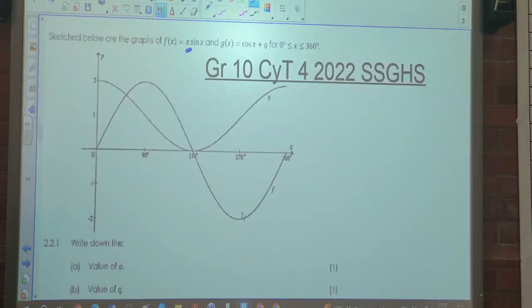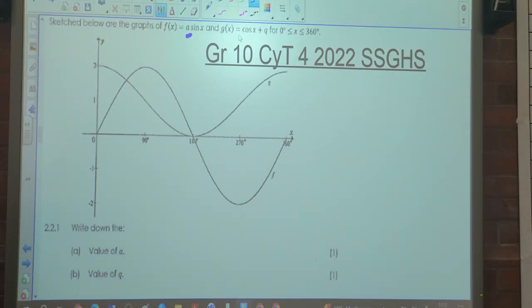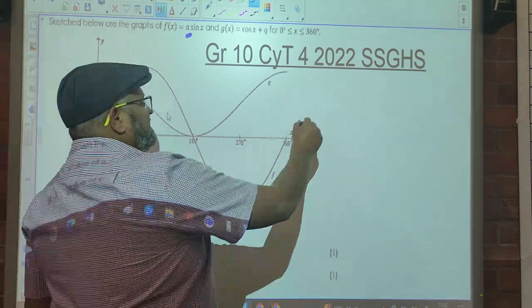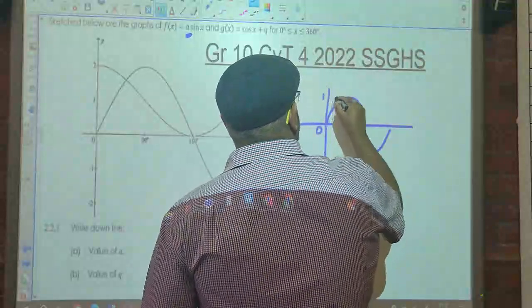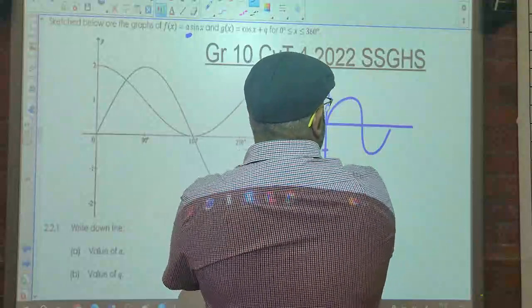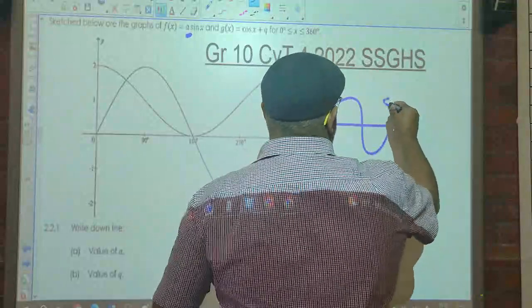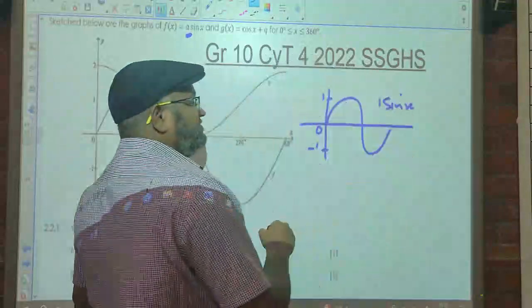So if you look at this graph here, the sine of x, it starts at 0. If I draw the rough sine graph here, that was normally 0 and 1, minus 1. Okay? That is the basic sine of x graph with the 1 in front.